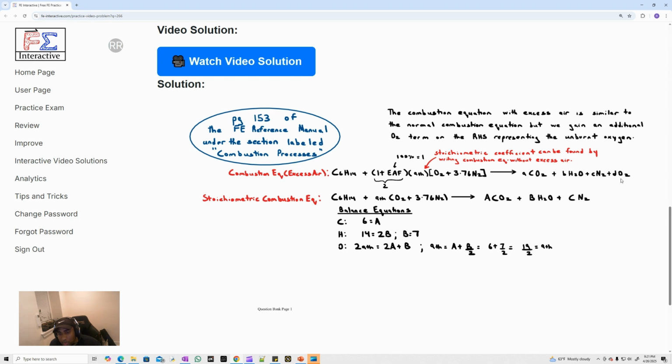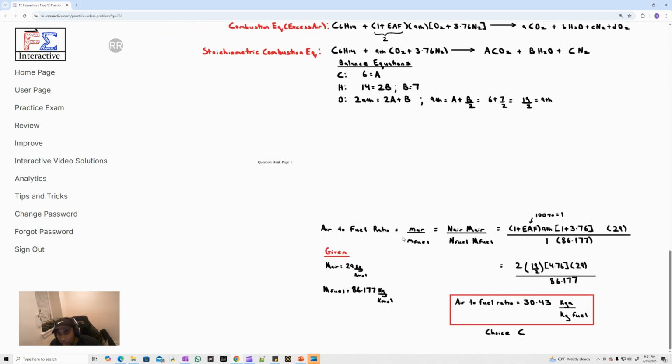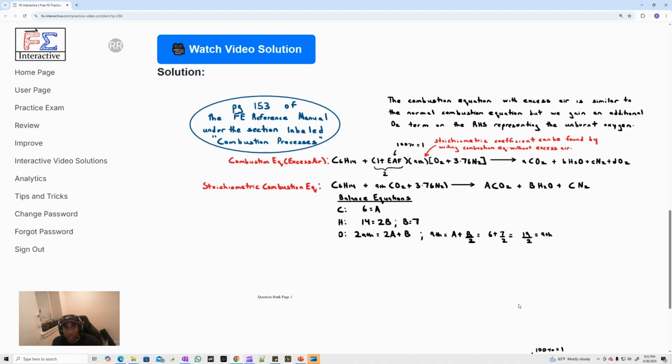Overall, what we were seeing was that in order to find the air to fuel ratio, we really just needed that stoichiometric coefficient. So we could just do that by balancing the stoichiometric combustion equation. We found this A and B, which are unknown coefficients, in front of the carbon dioxide and water vapor. We used that to find our stoichiometric coefficient, and then we plugged it into that mass of air per unit mass of fuel, and we were able to find what the air to fuel ratio is. So it was choice C.